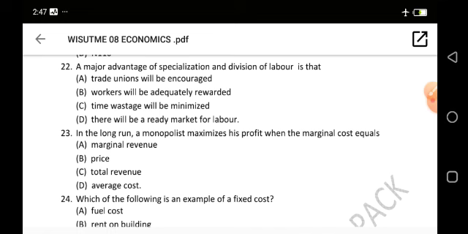I'm not able to draw those diagrams properly. I've given you a lovely diagram on this, but you have them in your textbook, so you can go to your textbook and check. So take note that in the long run, a monopolist maximizes its profit when the marginal cost is equal to the marginal revenue.